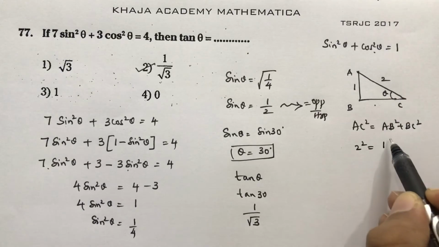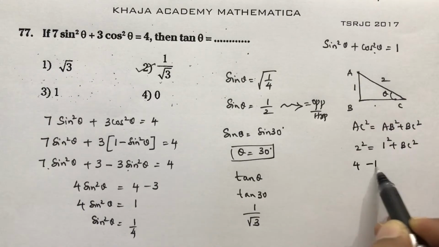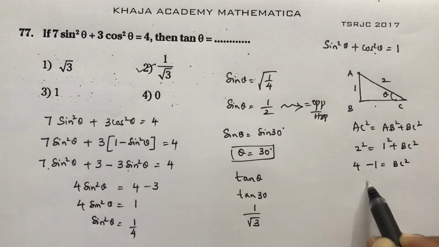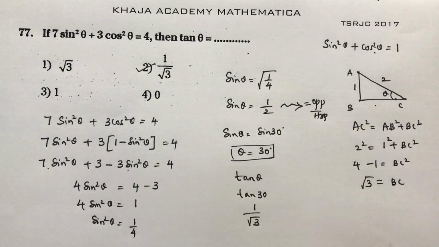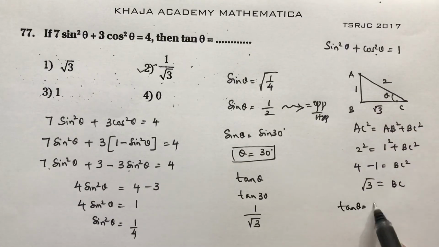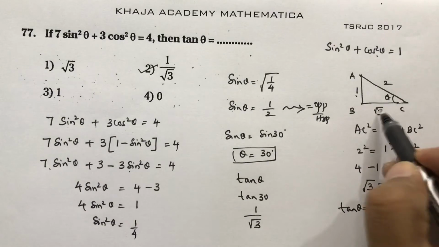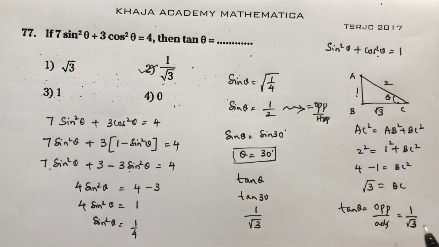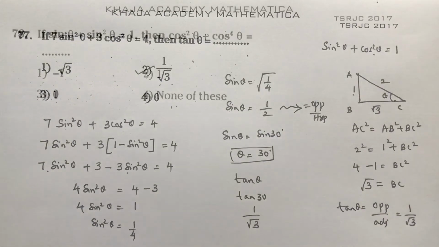So 2 square equals 1 square plus BC square. 4 minus 1 equals BC square, so BC equals root 3. Now you can find tan theta using the ratio. Tan theta is opposite by adjacent. Opposite is 1, adjacent is root 3. So tan theta value is 1 by root 3.